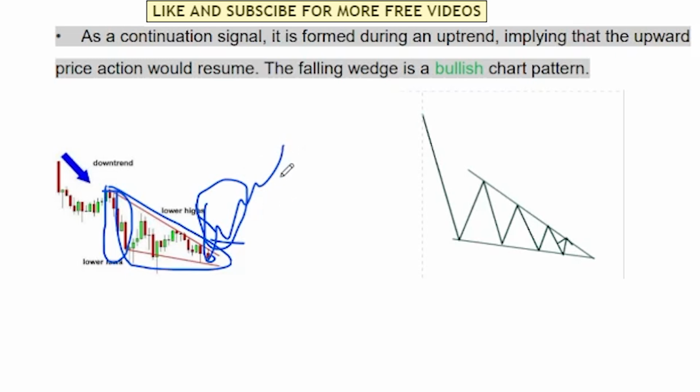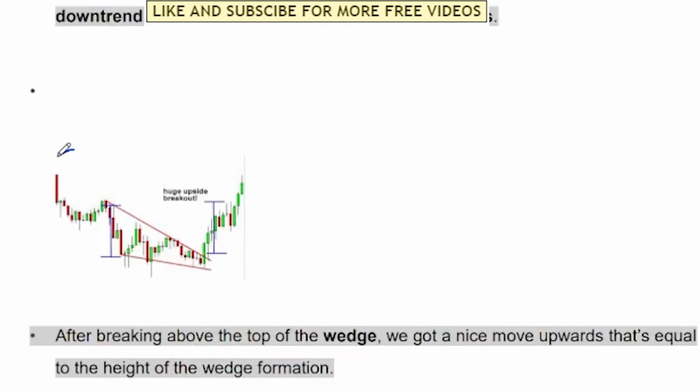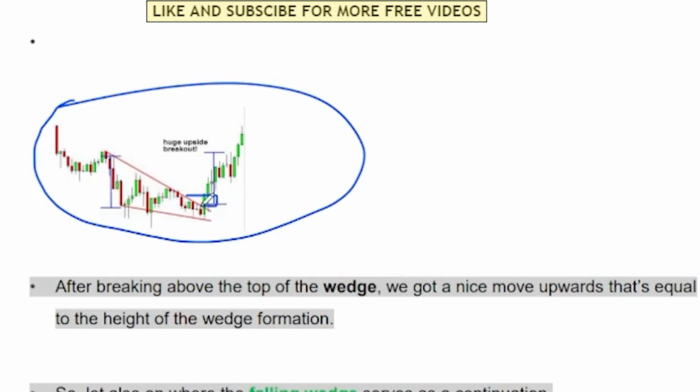And even if the market pulls back and starts making higher highs and higher lows, your stop loss will be here. You will be safe by taking a big profit in the direction of the uptrend. You see from here, I also explain this from our examples. After we broke above from this area on the top, we got a nice move upwards that's equal to the height of the falling wedge formation.